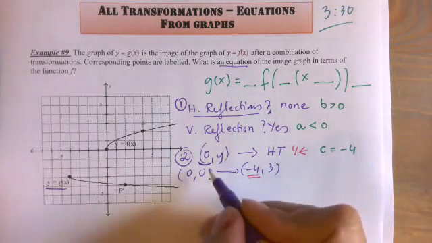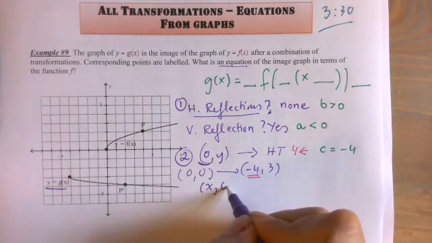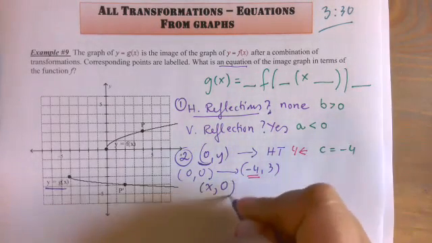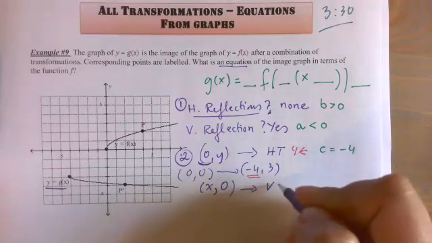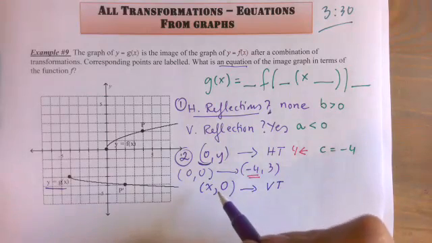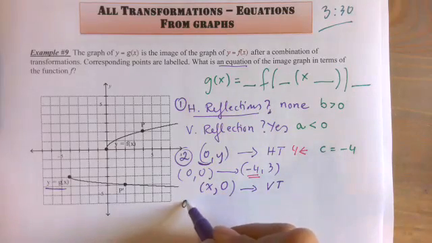If you have a point with whatever x you want, but a 0 for your y coordinate, it's going to be really easy to detect vertical translation, because this being 0, if you times it by a negative or by a number different than 1, it won't change the translation part of your graph. You can clearly see what the translation is.